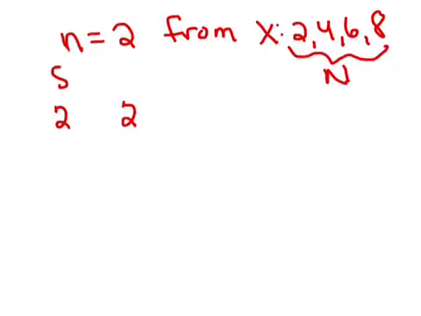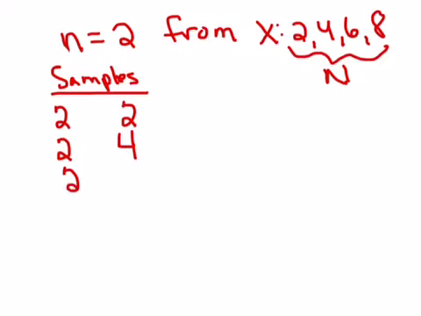I'm just going to focus on choosing 2 first. I could choose 2 the first time and 2 the second time. But maybe I chose 2 the first time and 4 the second time. So there's my other sample of 2. Or it could have been 2 and 6, and then 2 and 8.